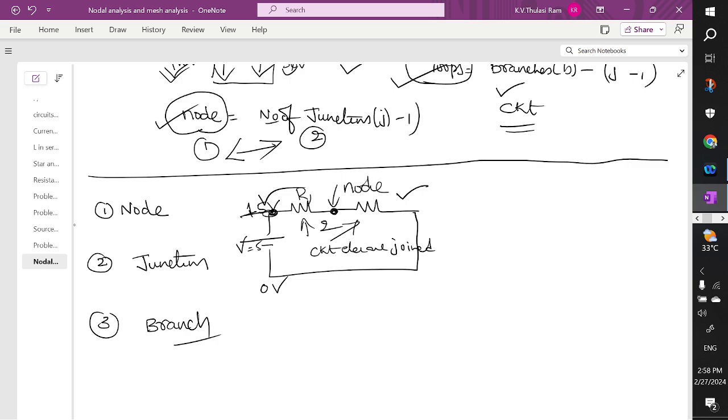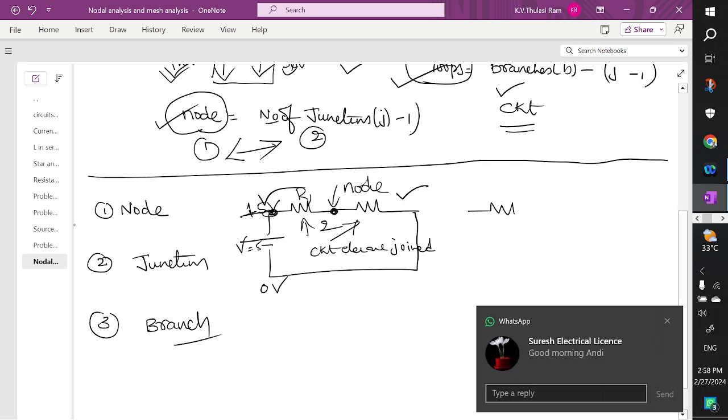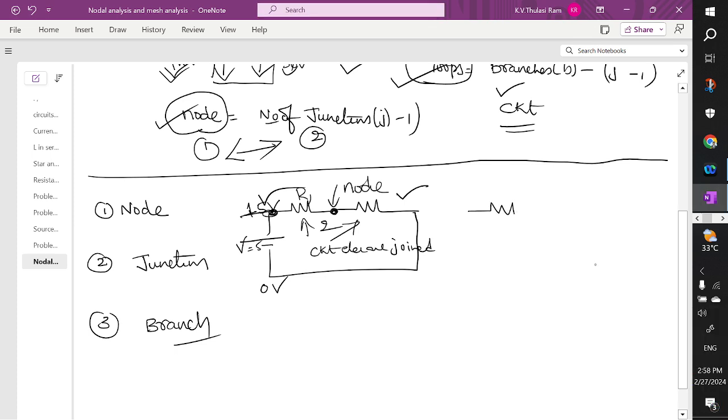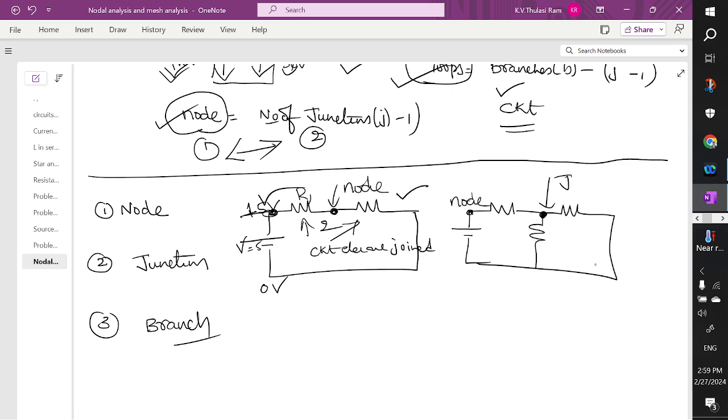Then what is meant by a junction? In the same network, you have this one. This is the node, and this is the junction. Sir, how to differentiate a junction? A junction is a point where three or more elements are joined.